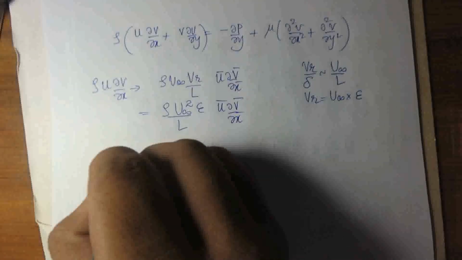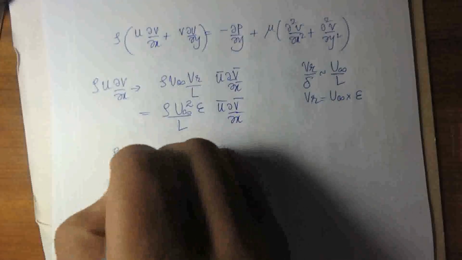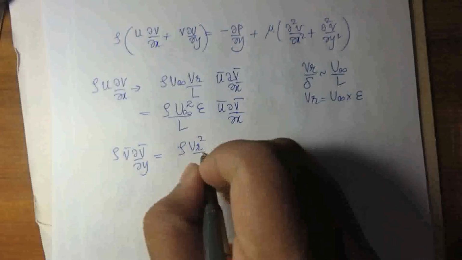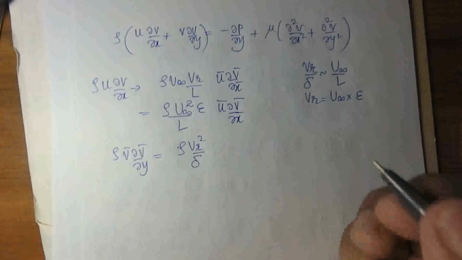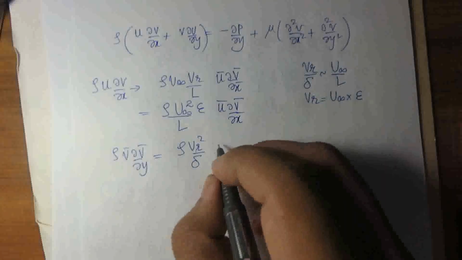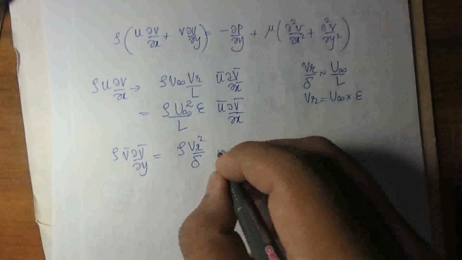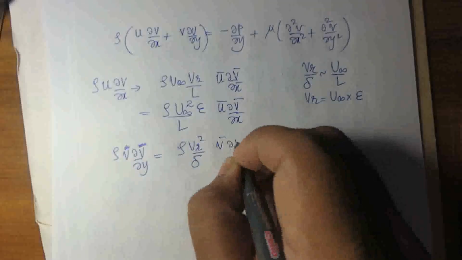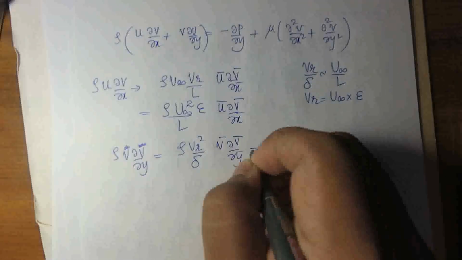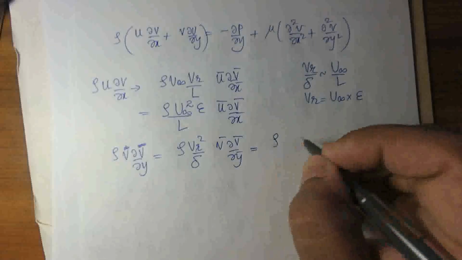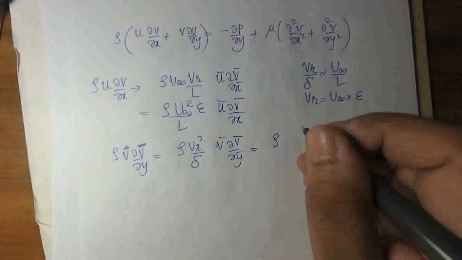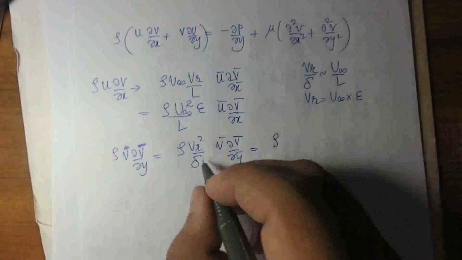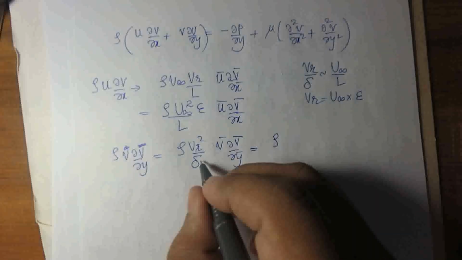Second term may be similarly obtained, rho v reference square by delta. So this is equal to rho into v reference, so let us multiply and divide by delta.